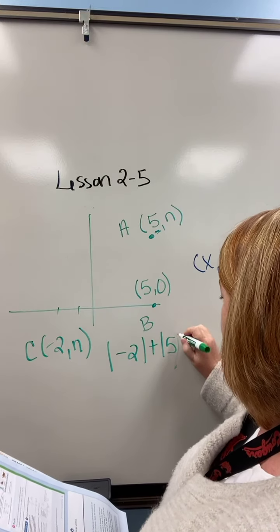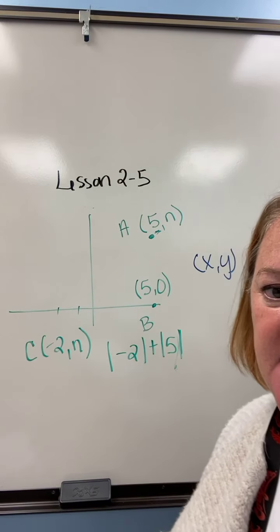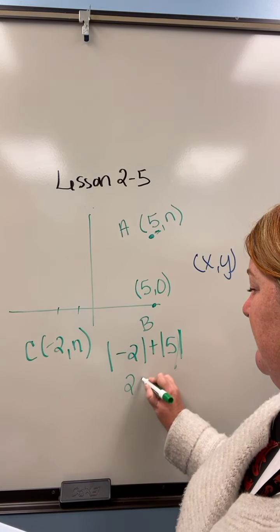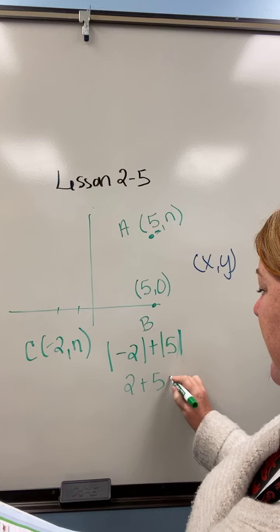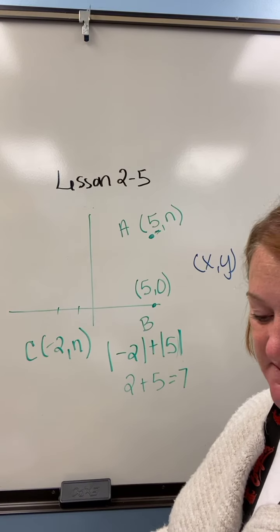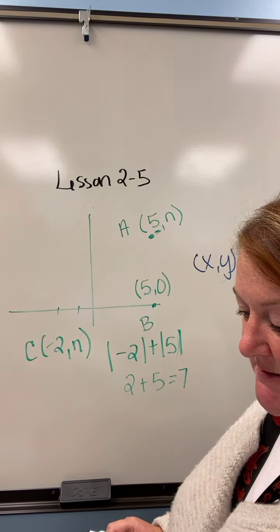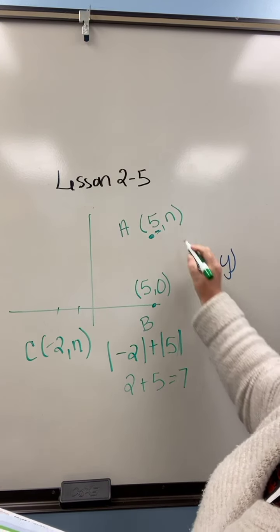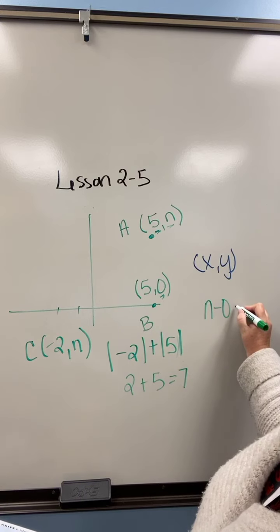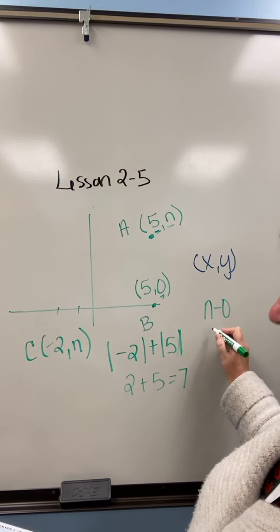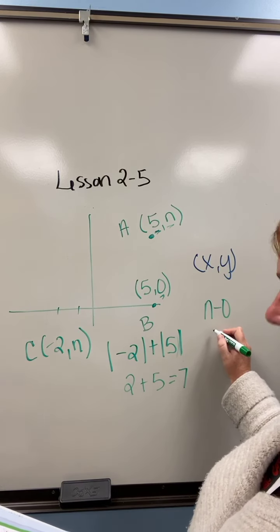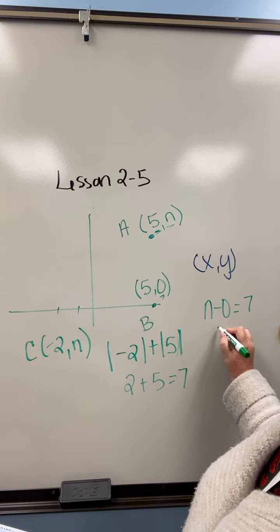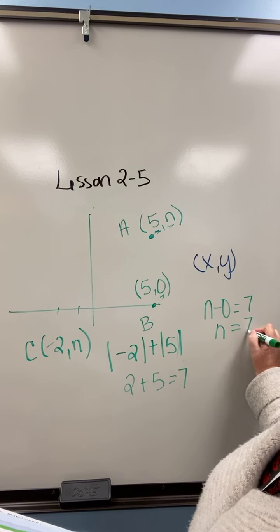Oops, I shouldn't do that. It should be straight, because that's how we notate absolute value. It's just like saying 2 plus 5, and that's going to be 7. So the distance there is 7. So n minus 0, we're going to plug in, equals 7. So n is going to equal 7.